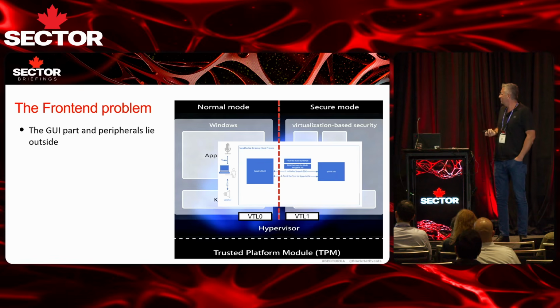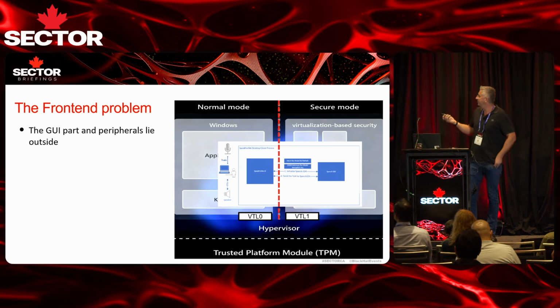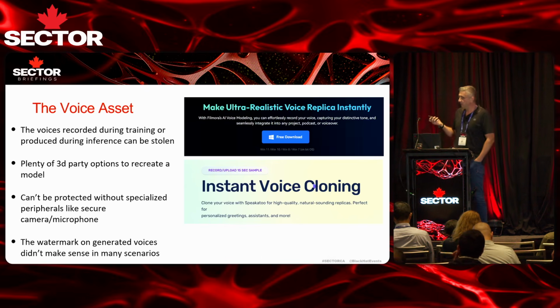And the attacker would simply, instead of targeting the secure part, target the front-end side. They will try to manipulate the GUI. They will try to manipulate the peripherals. And this leads us to our second bigger problem.